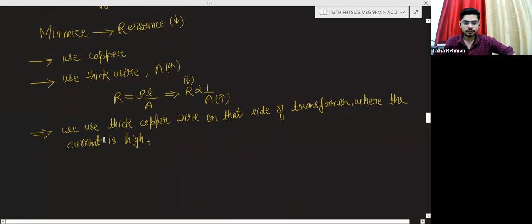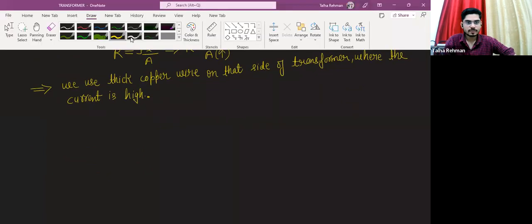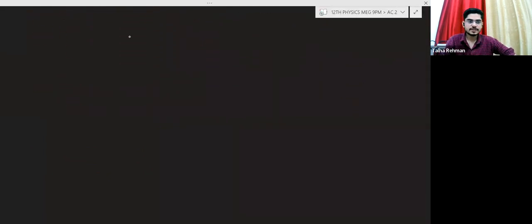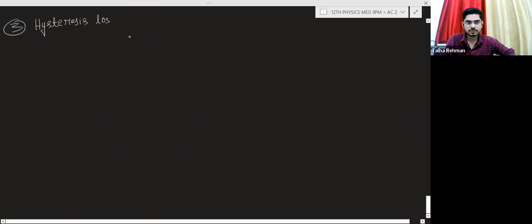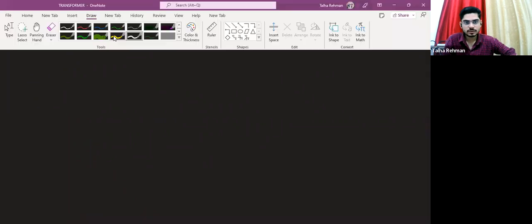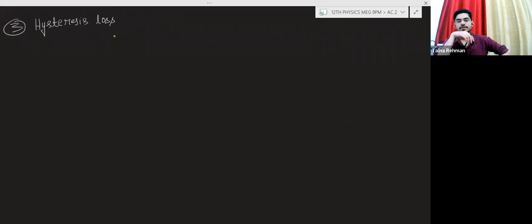One more loss is there, hysteresis loss. So what is hysteresis loss? In the transformer, there is alternating current, and alternating current changes with time.